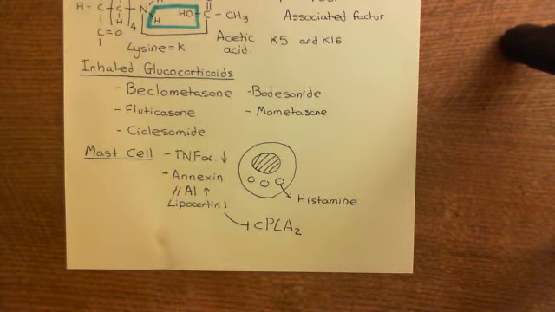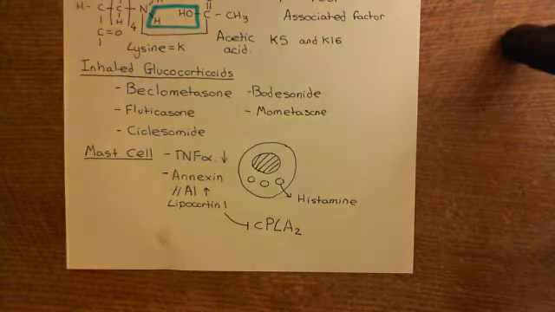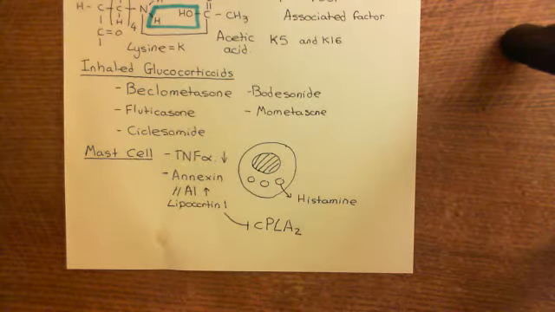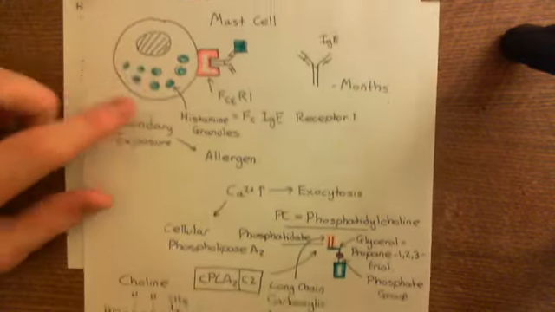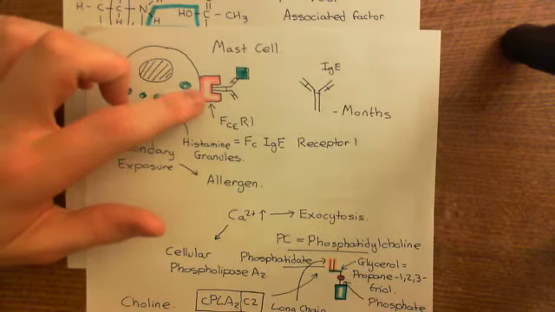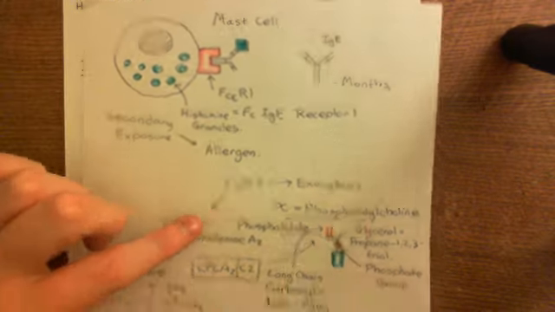Okay, now what does that mean? Well, let's get our pictures back. Where did we have this process going on? Okay, here. When we got mast cell activation, okay, up here, when the allergen bound to the IgE, that caused calcium to go up.